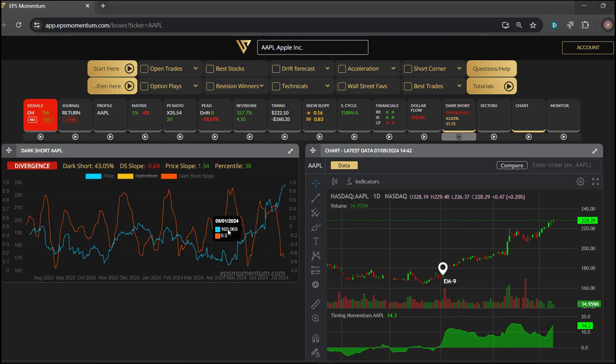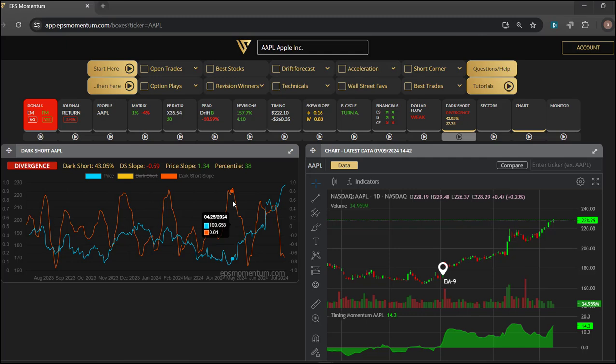Why is that useful? Because look at this. Here, before the rally, we have a shoot up of the dark short slope, very high up. And here they're completely diverging. Price is going down or flat, and here the dark short is going up. What does that mean? That means that institutional buyers are getting into the name, buying heavily. Actually, it doesn't push prices.